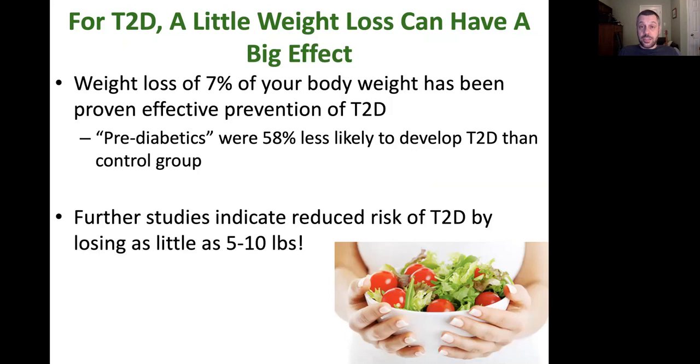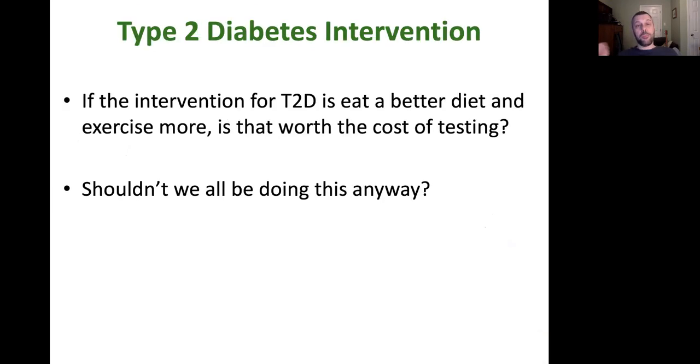Further studies actually suggested that you can reduce your risk of getting type 2 diabetes by losing as little as 5 to 10 pounds, no matter your starting body weight. So in this case, I think knowing whether or not you are predisposed to type 2 diabetes is probably a good thing, because it has a high burden, but it also has a very strong intervention.